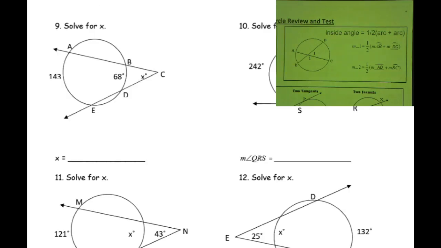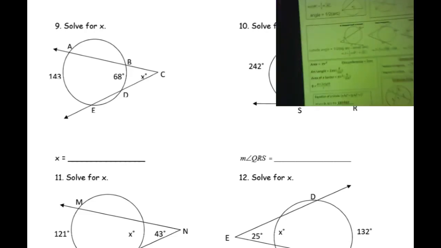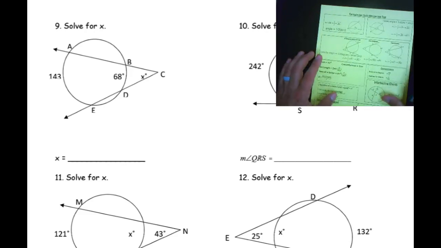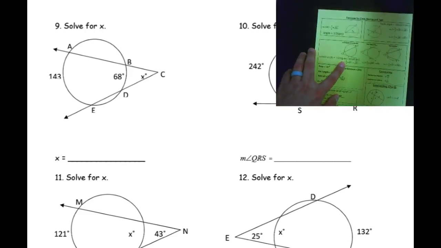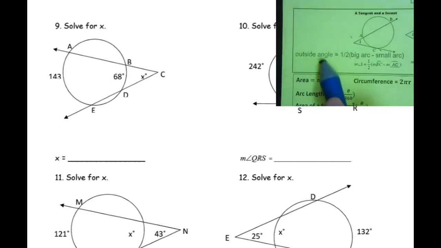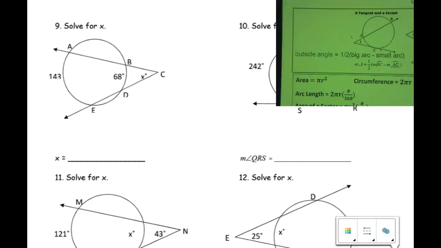Alright, so number 9 looks like an angle on the outside. So again, I look at my yellow sheet, try to get familiar with it. Outside angles. Oh yeah, here it is. It even says it, outside angle. Outside angle equals 1/2 big arc minus small arc. So let's do that. So the outside angle is x equals 1/2 big arc 143 minus small arc 68.